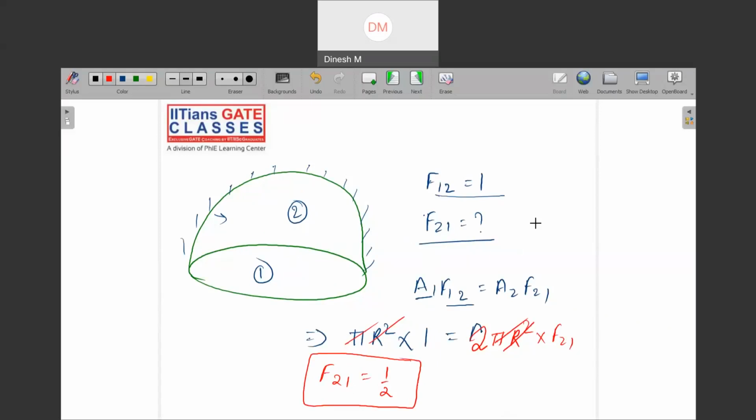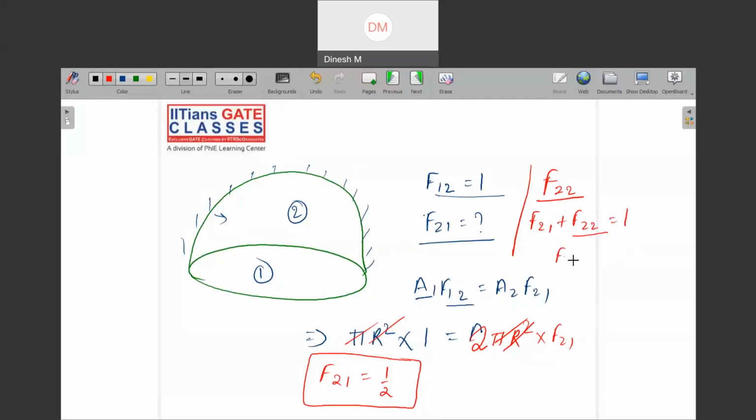And then they can ask you what is F22. So which theorem will we use to find F22? The summation theorem we just saw. So F21 plus F22 will be equal to 1.